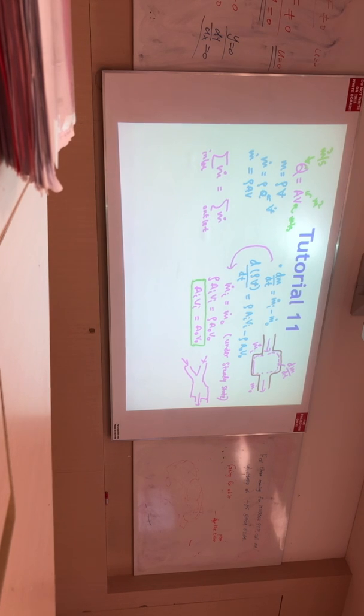Number 2: the summation of volume flow rate at the inlet is equivalent to the summation of total volume flow rate at the outlet. They are the same.